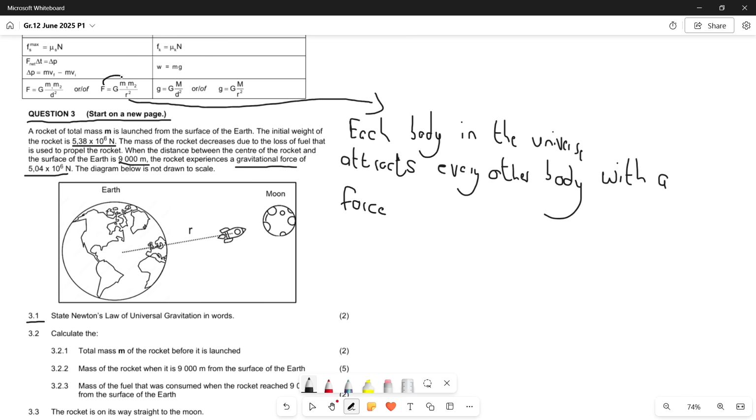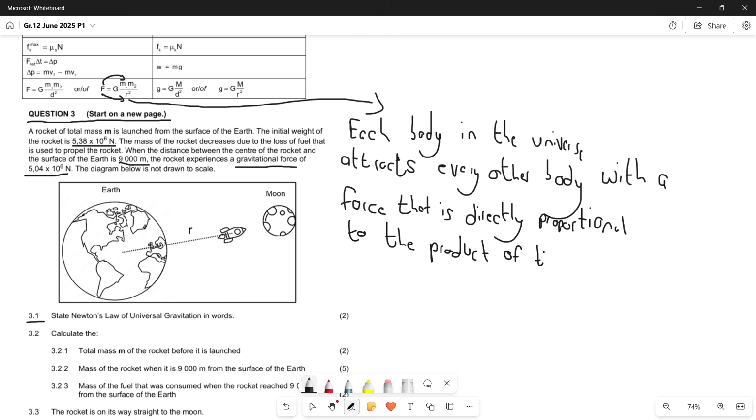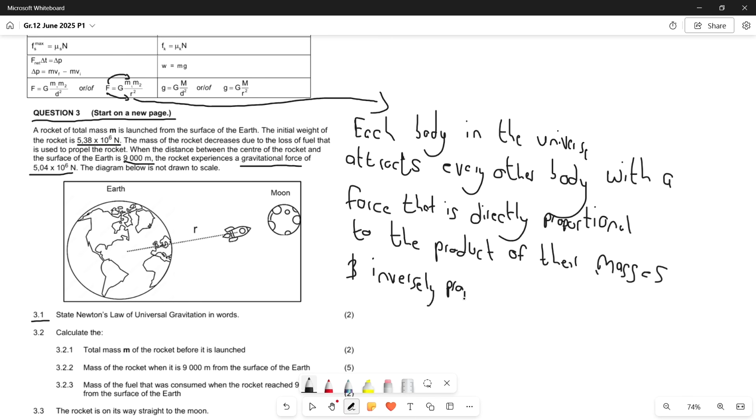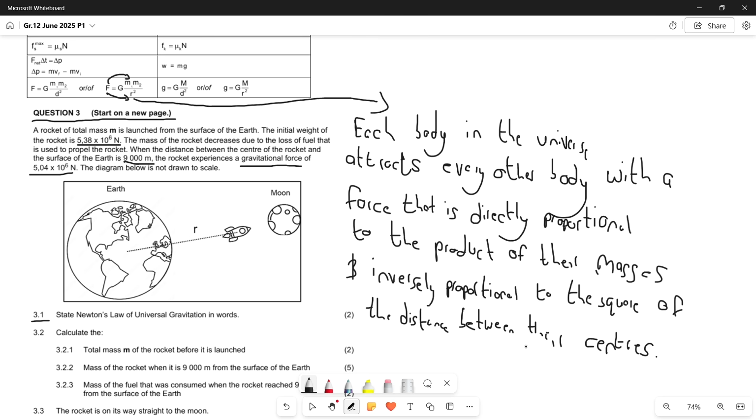A force that is directly proportional to the product of the masses and inversely proportional to the square of the distance between their centers. Great. And that will earn us 2 marks.